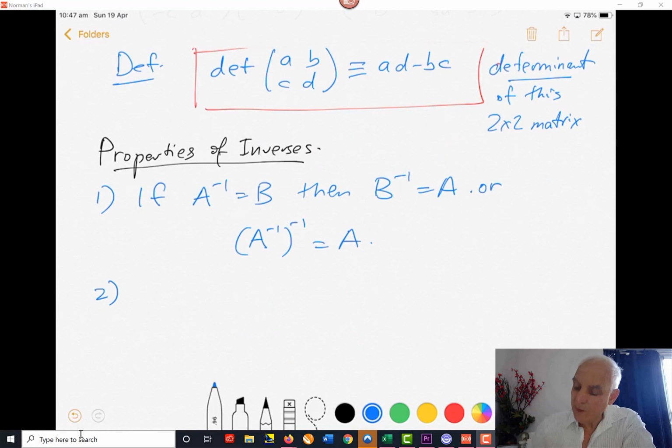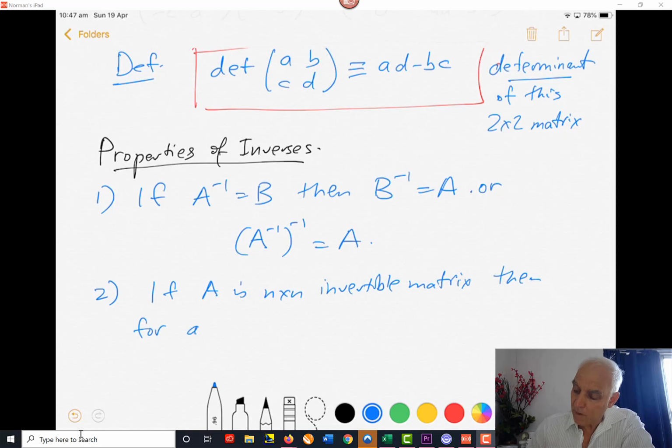Well, another property is that if A is, say, an n by n invertible matrix, then for any lambda not equal 0, lambda A is also invertible.